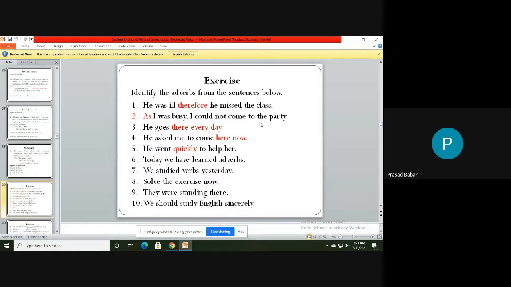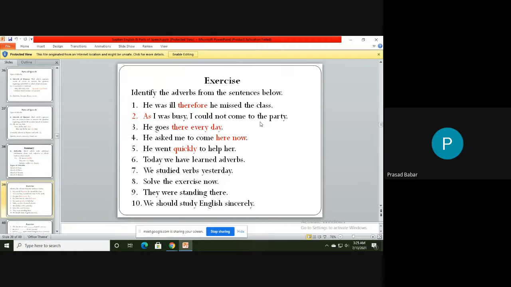No. In what way he went to help her? If we ask this question, in what way he went to help her, then it will answer as quickly. In what way? कशा पद्धतीने तो गेलाय तर कसा गेलाय तो तर पटकन गेलाय. So it is the adverb of manner.